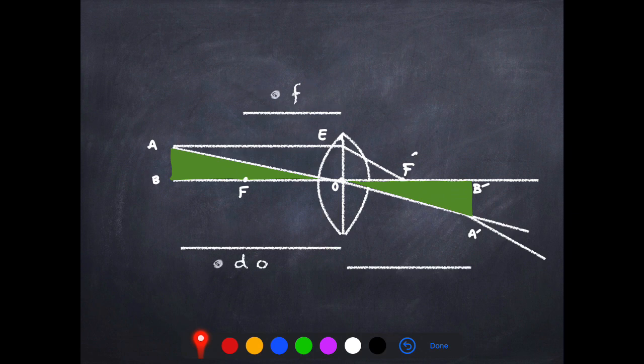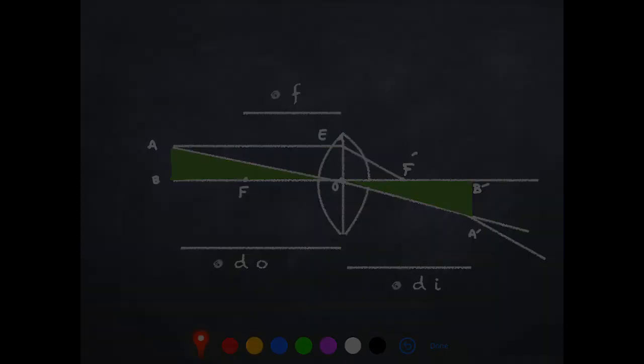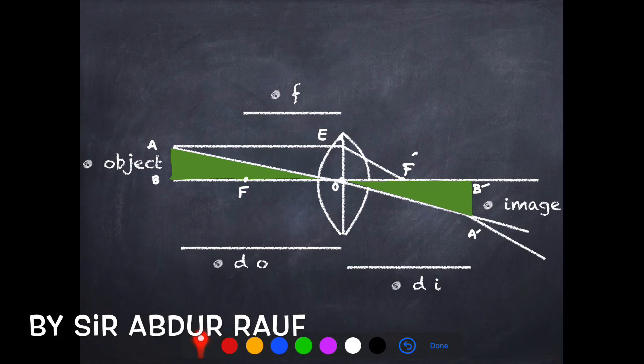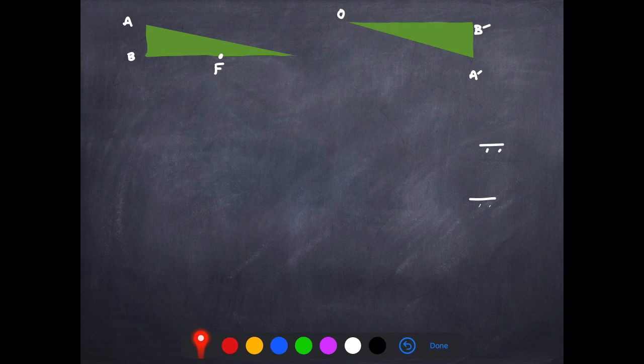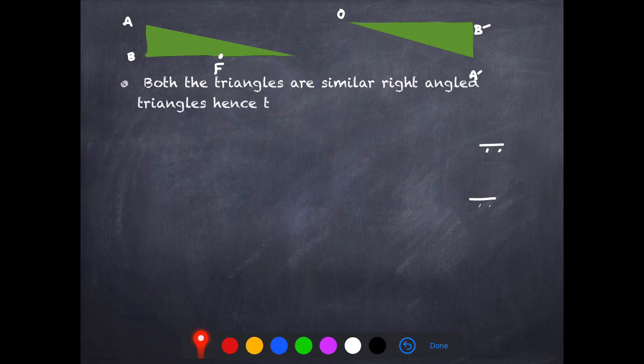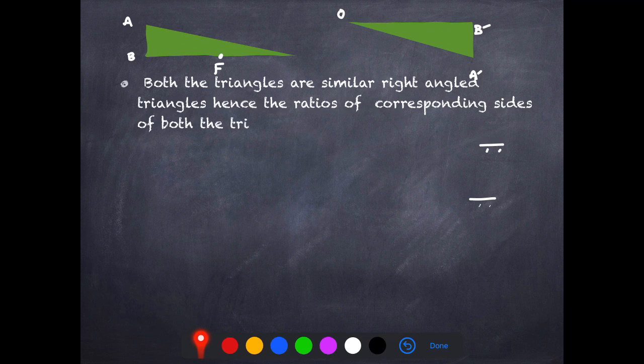F is the focal length of the lens, dO is the distance of the object from the lens, and dI is the distance of the image. The two shaded triangles are considered as two similar right-angled triangles. Consider the two triangles as shown. Since these two triangles are similar, the corresponding sides of both triangles are compared.